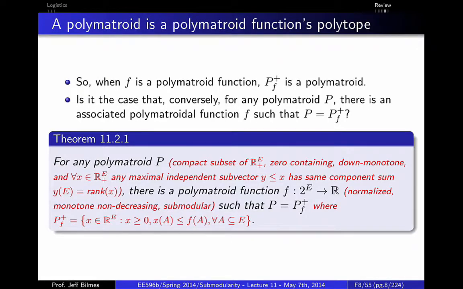Also, the other theorem that we proved was that for any polymatroid, there's a polymatroid function f such that P is equal to P_f^+. The stuff that I just highlighted in yellow is really the statement of the theorem without all of the red clarification.